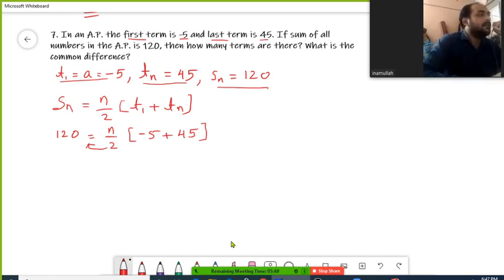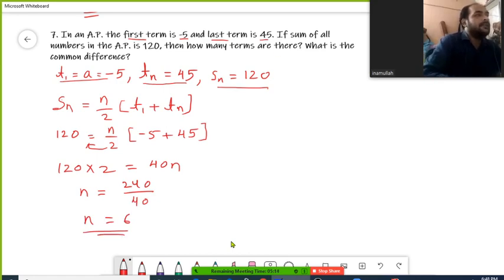This 120 into 2 is equals to 40n. 120 into 2 will become 240 upon 40. So n is equals to 240 upon 40. So this way n is 6. So how many terms are there? So there are 6 terms.